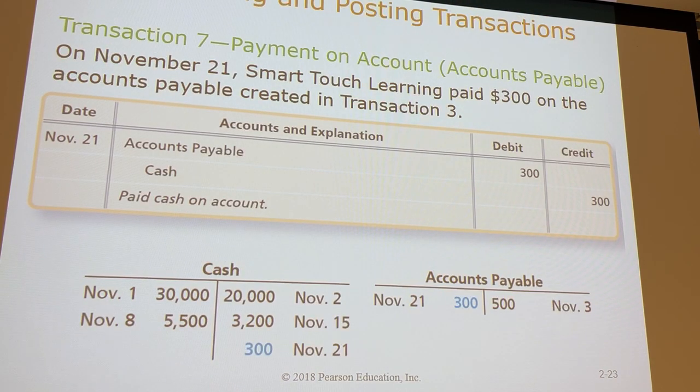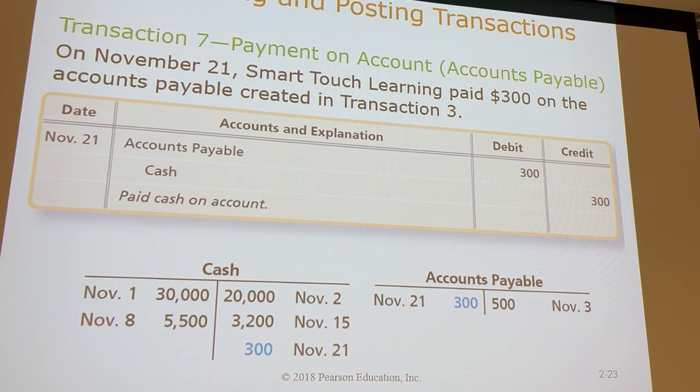Okay, then on November 21st, Smart Touch Learning paid $300 on the accounts payable created in transaction 3. So they're paying off some of their accounts payable. When we recorded the accounts payable in transaction 3, that was a credit to accounts payable because it was a liability account.